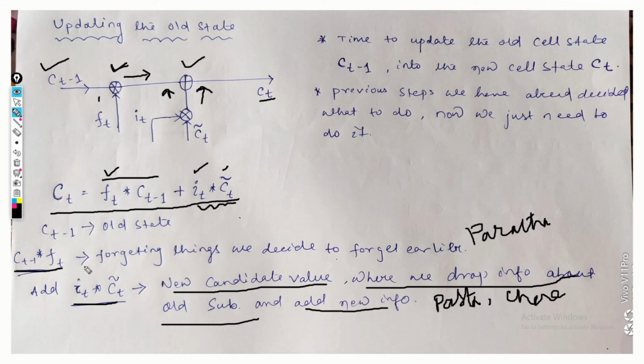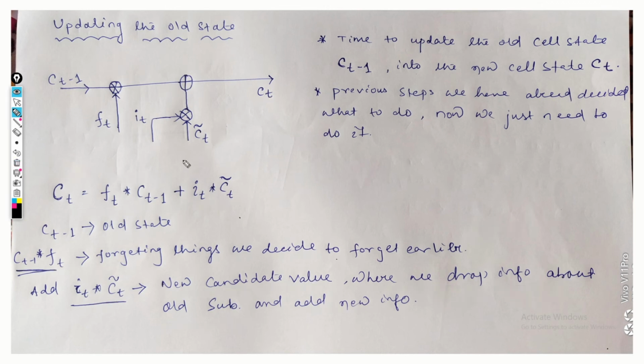So both formulas together are nothing but the current cell update, or current cell state, you can say. If you go through this multiplication and how the inputs are coming from the previous layer, you can easily understand what is going on. It's a clear picture.